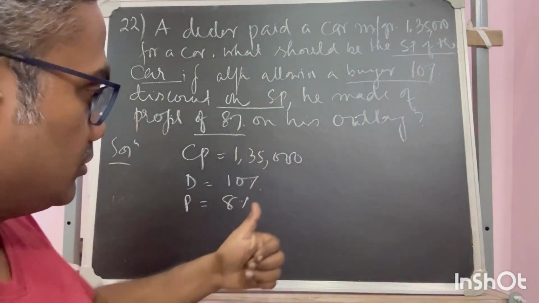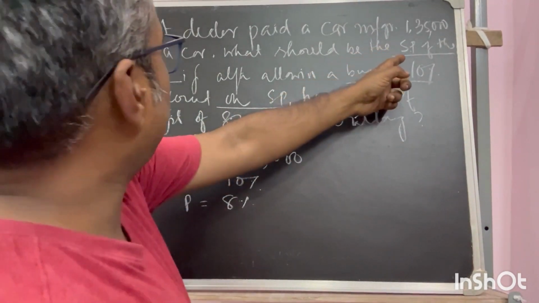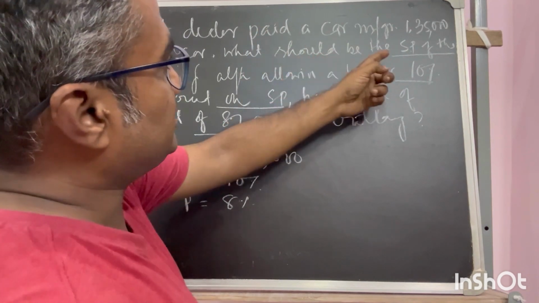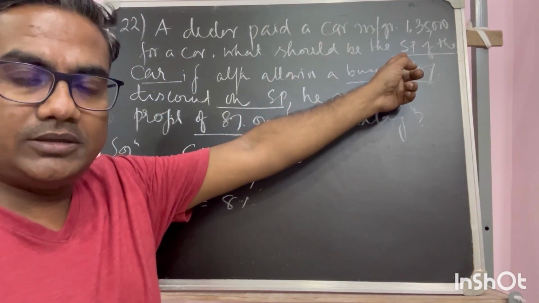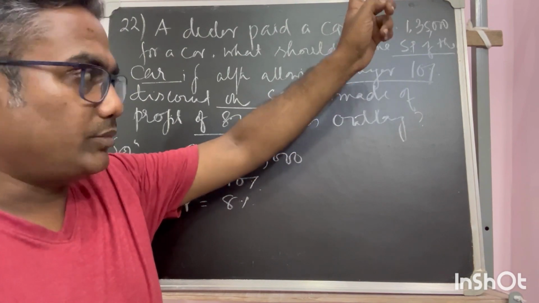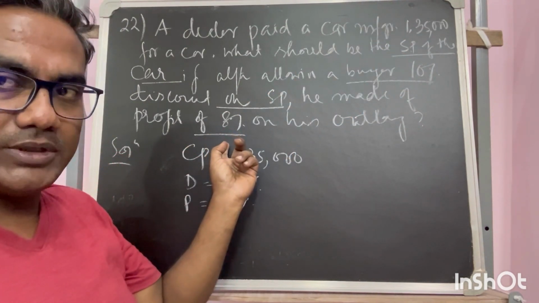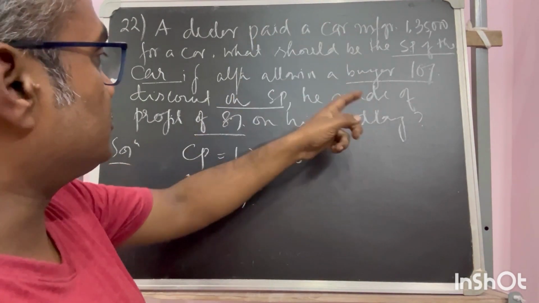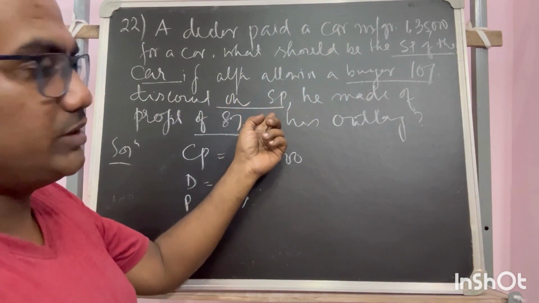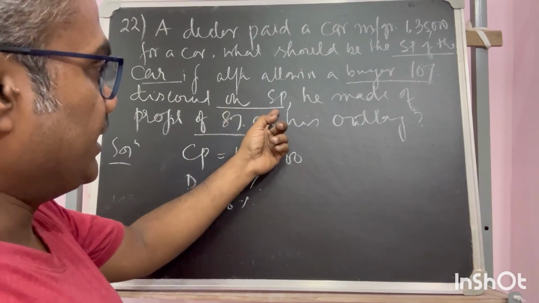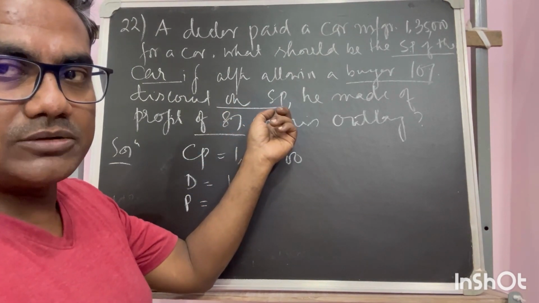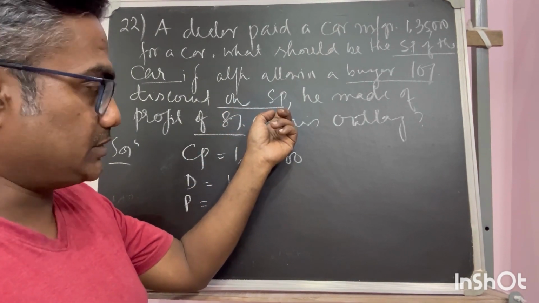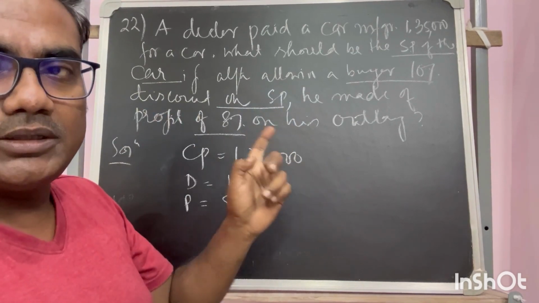The selling price that he actually sells at, by which he is getting 8% profit, cannot be the same as the price on which he is giving discount.